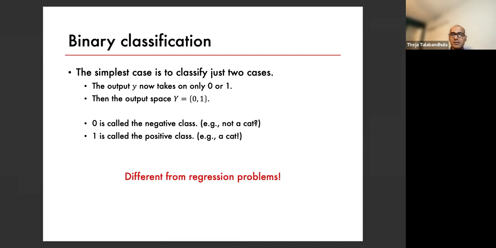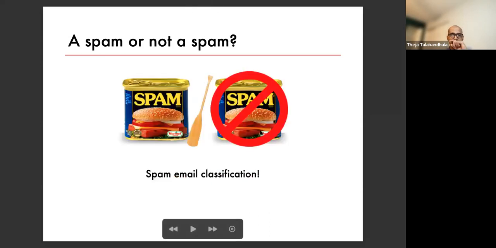For example, one quick point is that the negative class and positive class may not have an order relationship between them. An order relationship would mean that 0 is less than 1, that the negative class is less than the positive class. There's no such connotation. So that's a big difference, and we'll talk about that difference again.